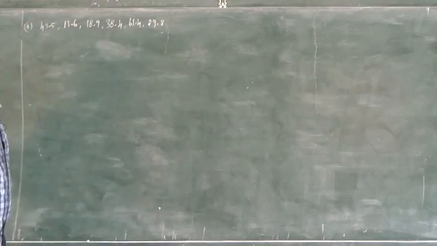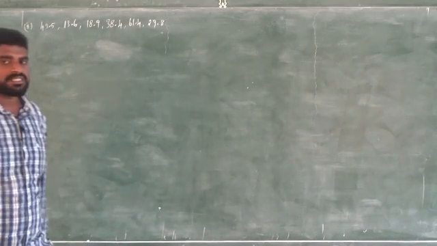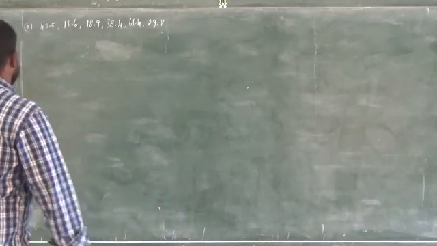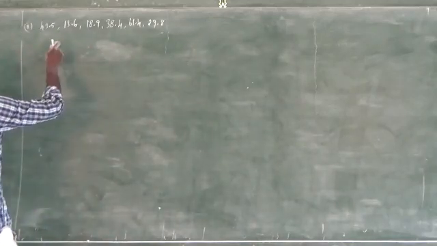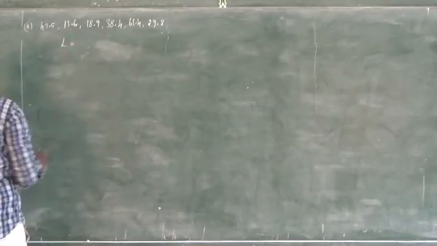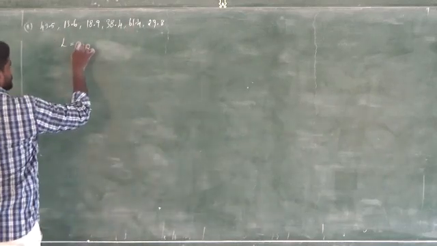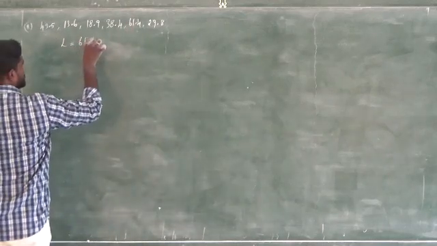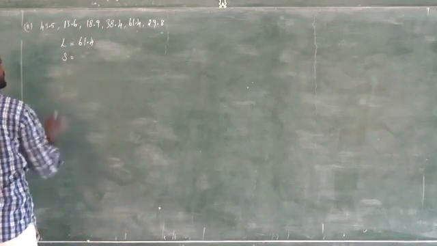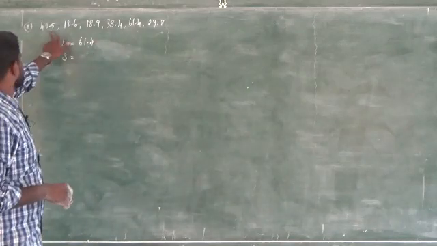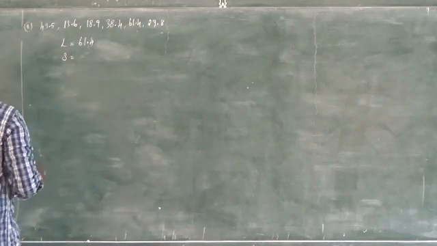From the data we need to find the largest value and the smallest value. First we find the largest value. The largest value is 61.4, and the smallest value is 13.6.